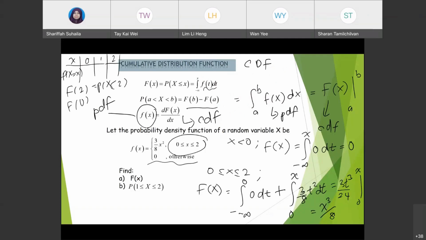Minus infinity up to 0 of 0 dt, plus 0 up to x of 3 over 8 t squared dt. So I got x cubed over 8.